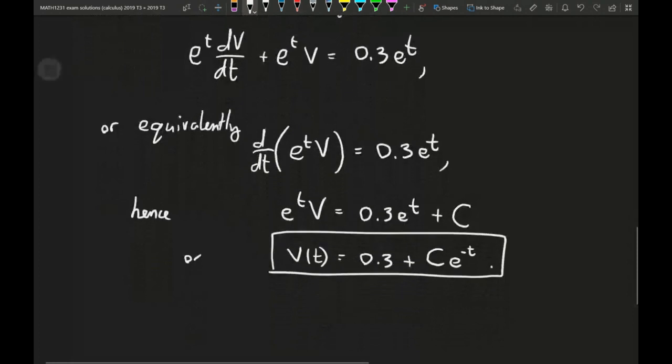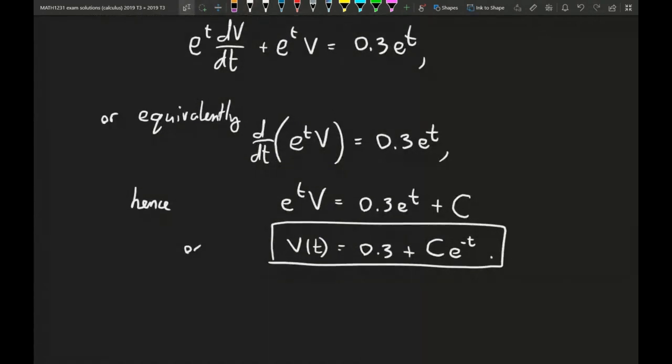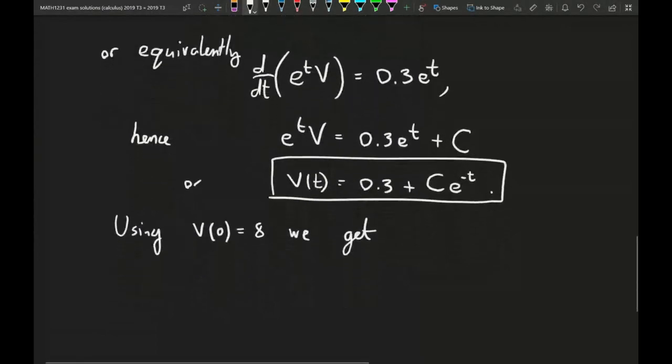Now we did have an initial condition. The volume started at 8. So let's just use that, using the fact that initially at t equals 0, v was equal to 8. What do we get?